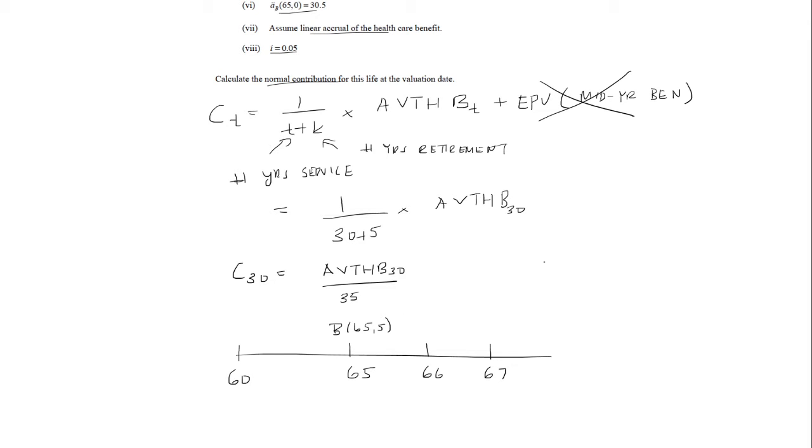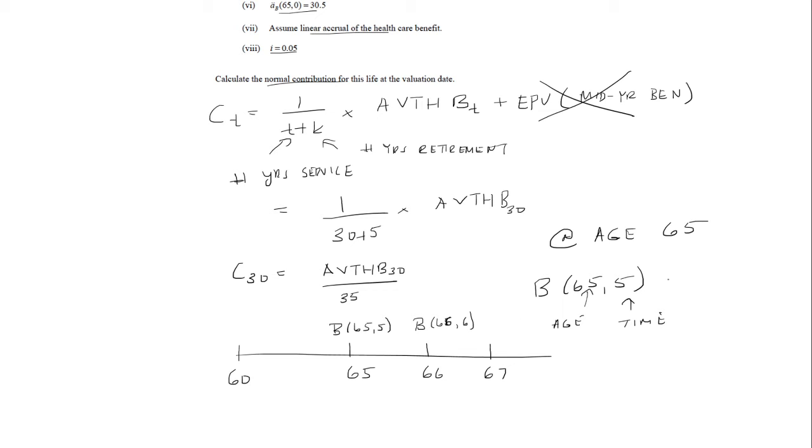And currently we're looking at age 65. Okay, so at age 65, we have a premium as this, so the age and then the time. Okay, the next year we're going to increase the age by 1 and then increase the time by 1 as well.